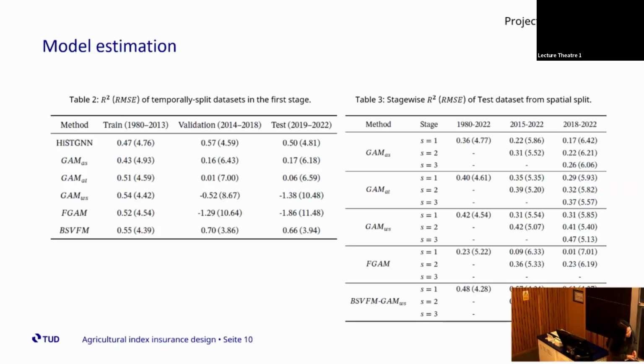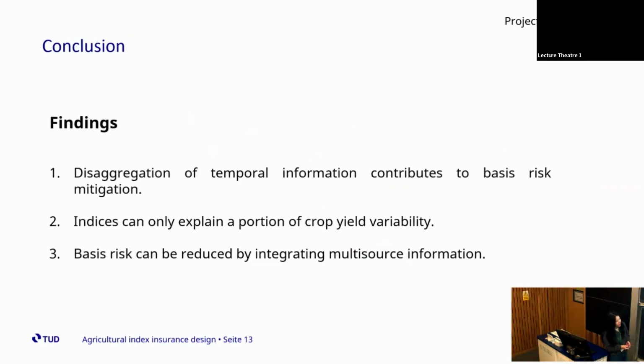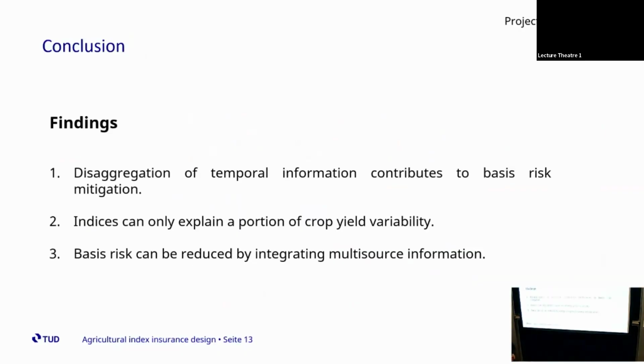The largest one is 0.67. And we got some agronomic literature to support this finding that the indices can only explain a portion of crop yield variability because there are other factors like farm management, pesticide use, but we can't take everything into account in one study. The last finding is that the basis risk can be reduced by integrating multi-source information.